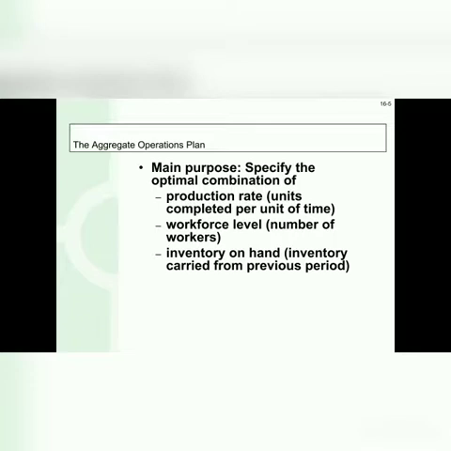Accordingly, because we know how much production we have to do, we should also plan the workforce level. How many workers are required for achieving the targets given by the sales team? We must look back and determine inventory on hand.